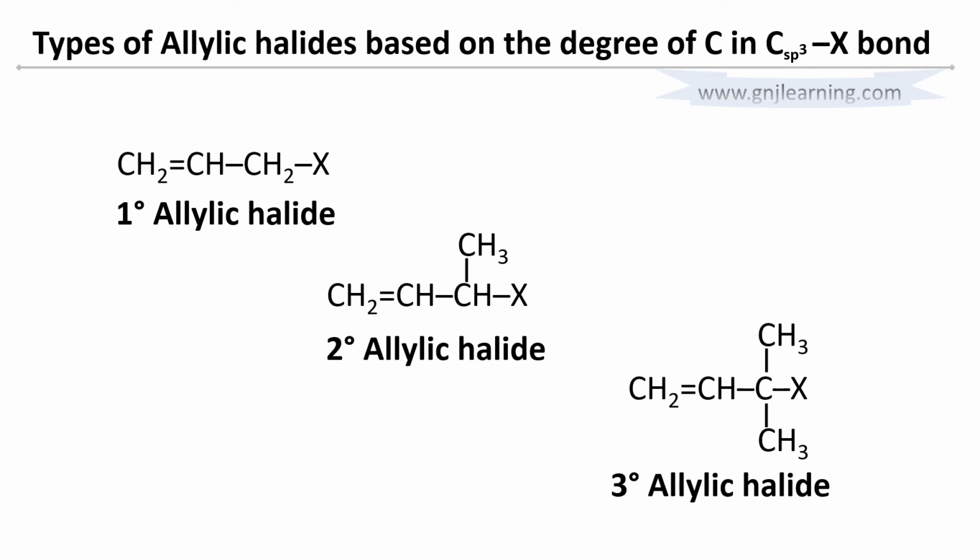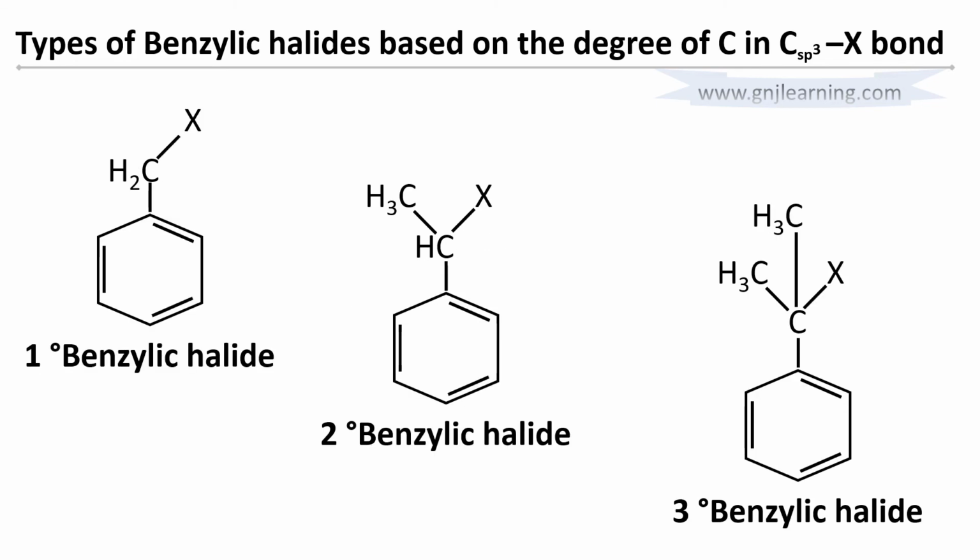Now moving on to the next, that is benzylic halide. Here you can clearly see that this carbon is primary, so it's a primary benzylic halide. This carbon is secondary, it has two CC bonds, so it's a secondary benzylic halide.